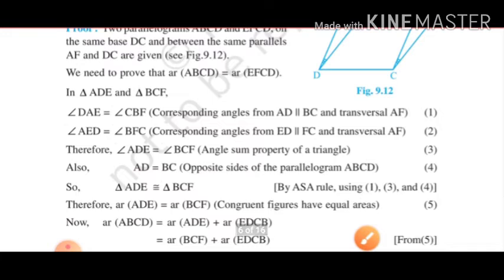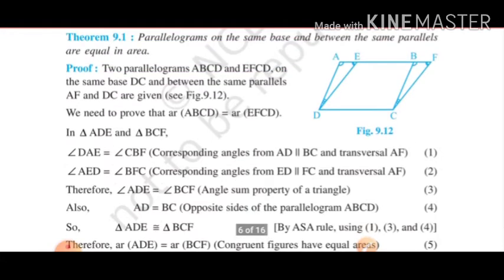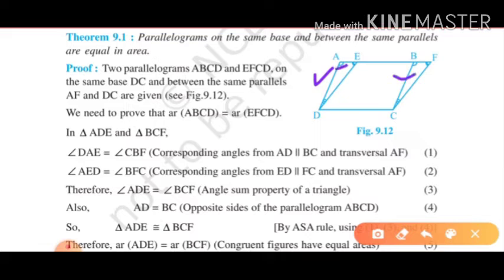Now by the angle sum property, for this triangle and this triangle, this angle and this angle are equal, and this angle and this angle are equal. It means two angles of both the triangles are equal. By angle sum property, obviously the third angle will be equal, and the third angle is ADE for this one and BCF for this one.